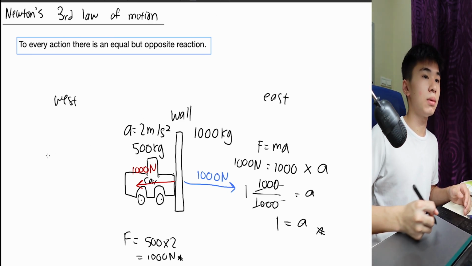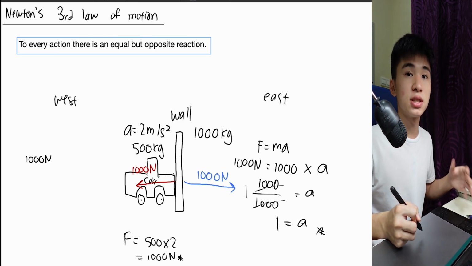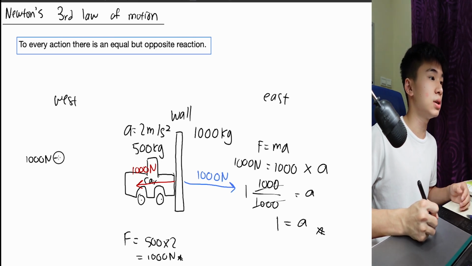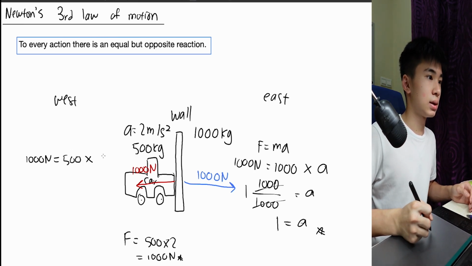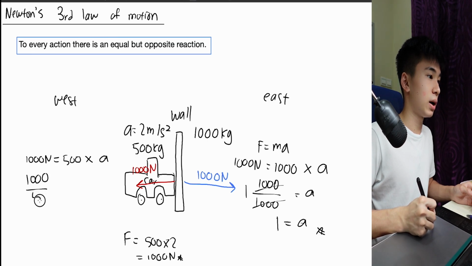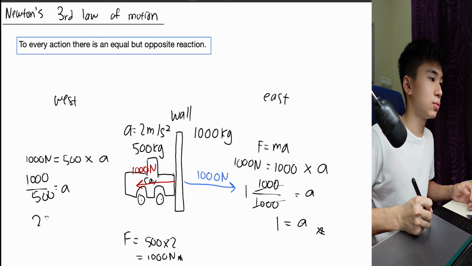Let's do the same thing, 1000 newtons, because the reaction force is 1000 newtons. So the force is 1000, and the mass is 500 kg times a. So 1000 divided by 500, the acceleration is going to be 2.